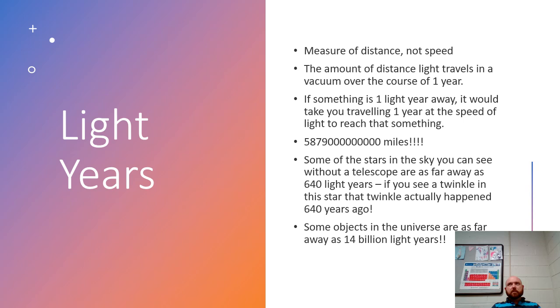So the way you can think about this is if you were to take a trip to space and you had a flashlight with you, you turn on that flashlight and you held it in the same spot for 1 year. However far that light from that flashlight reached in that year span would be 1 light year.